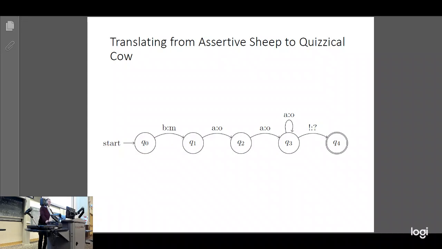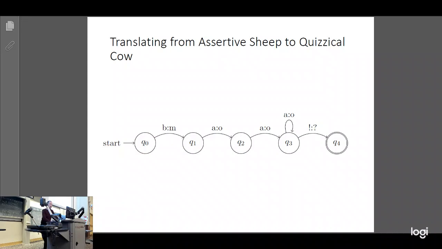So here is a finite state transducer that will translate from sheep to cow language. So if we give it, again, the shortest string that this will accept, which is the same as the shortest string that the sheep language FSA would accept, then we start here at Q0.